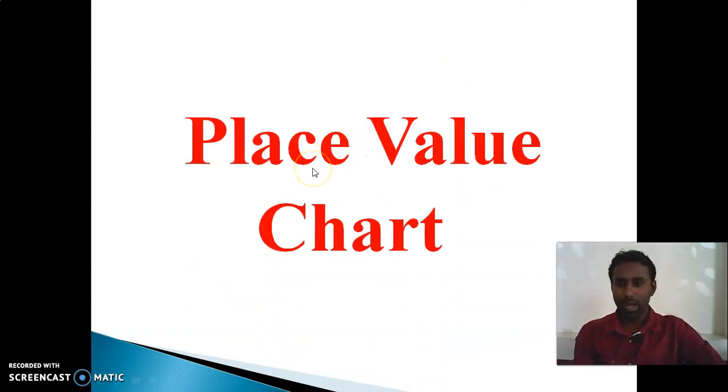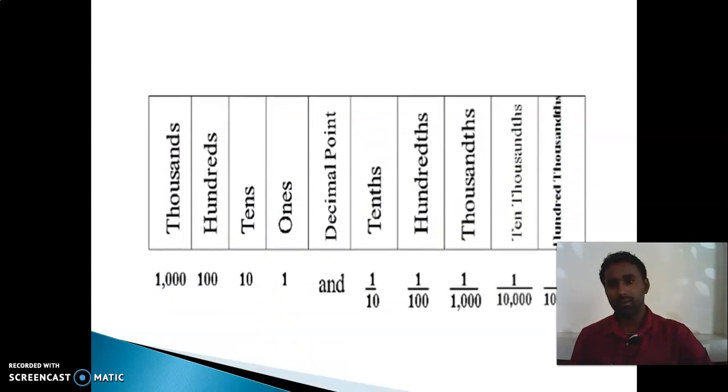Next one, place value chart. So how can we denote this number, sir? How many places will be there? 100th, 1000th? If you know that chart, it will be very easy. Okay, I will put the chart. First here, 1000, 100, 10, 1. Here the decimal point.